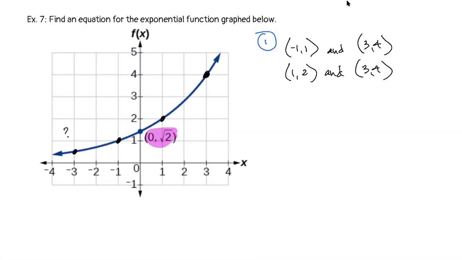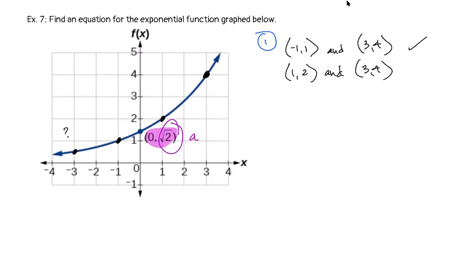So root 2, this is a. If we use this as one of our points, then we only need to find b. It's a much shorter process. So is this okay? Absolutely, that's okay.